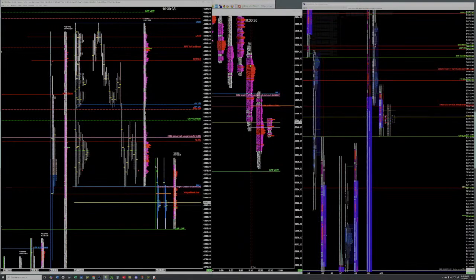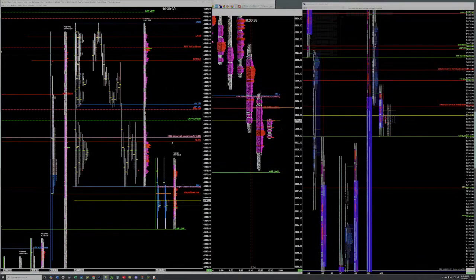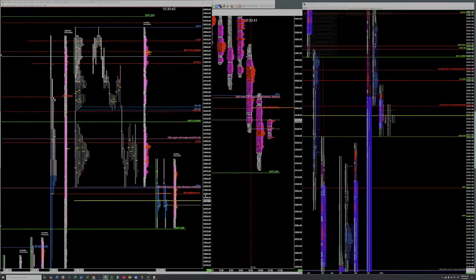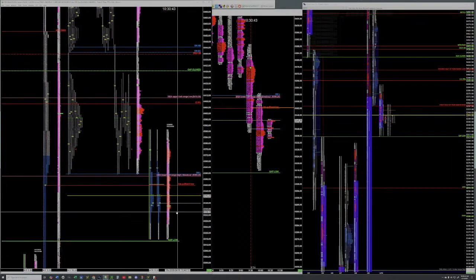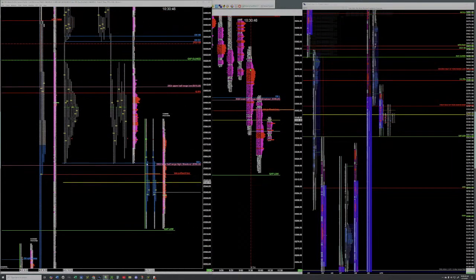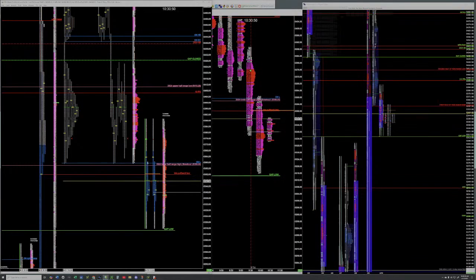Now, I haven't shown you the daily, but look at this. This is an inside bar. This is an inside bar.